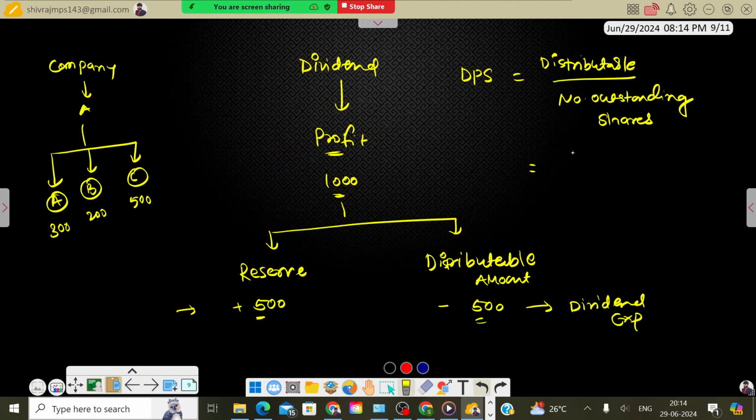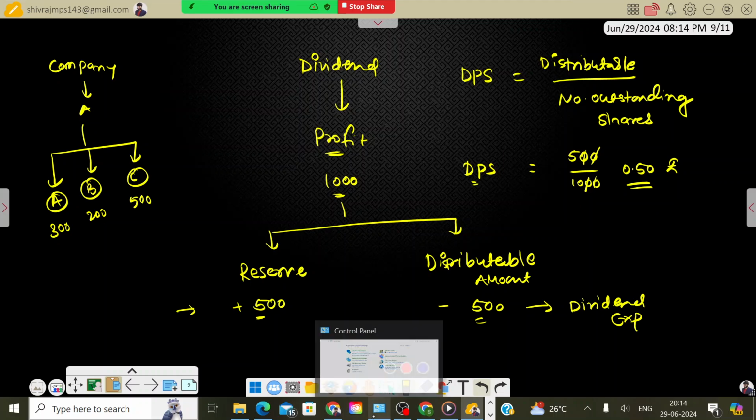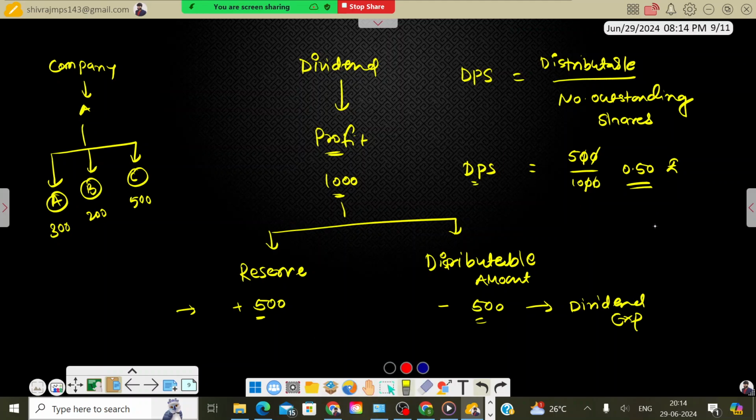So if you see, 500 divided by 1000, just calculate it: 0.5 rupees per share. Your DPS would be dividend per share, and this DPS is what the company will offer to the investor as a dividend.